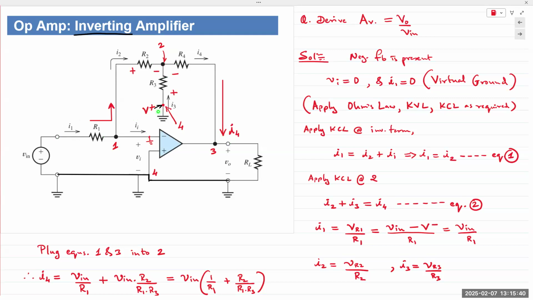So applying KCL at node 1, we obtain I1 equals I2 plus II, but because II is being forced to 0, I1 is equal to I2. Current's going straight up right there. That's the first step.